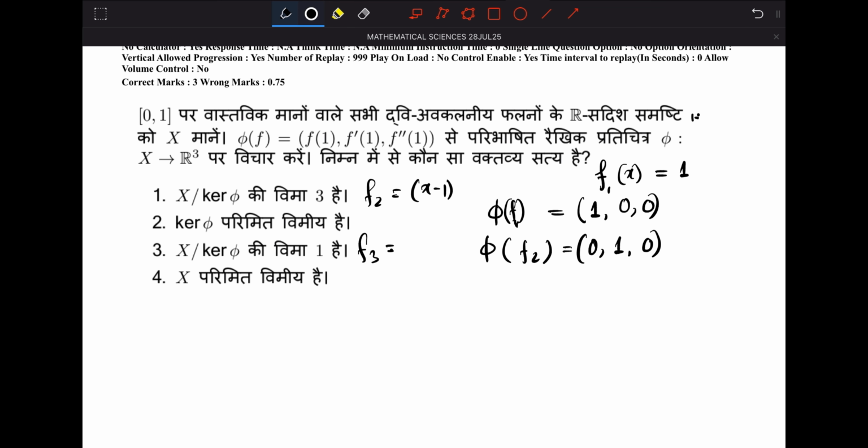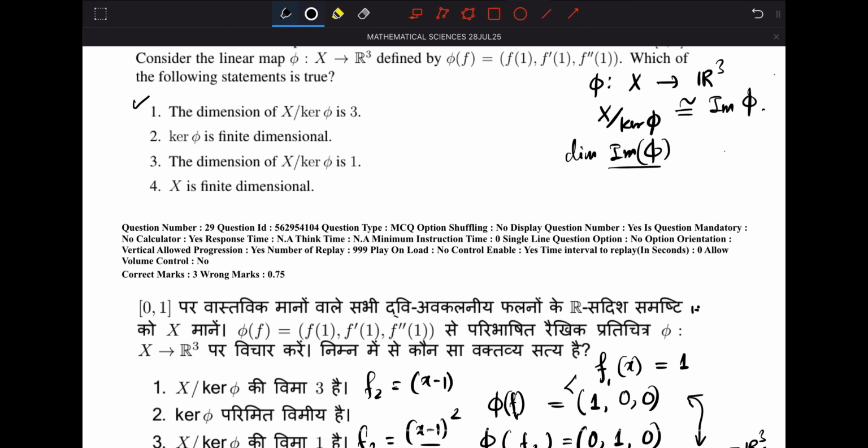Then define f3 as (x minus 1) squared by 2. Phi of f3 is 0, 0, 1. Now we know these three vectors generate R3.